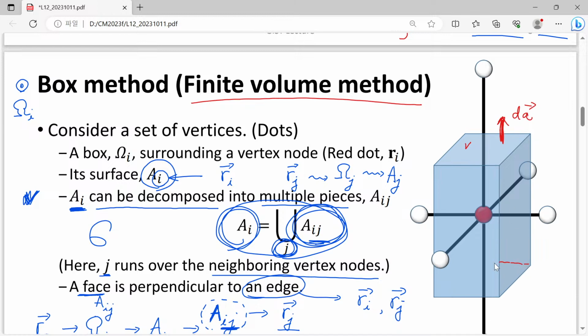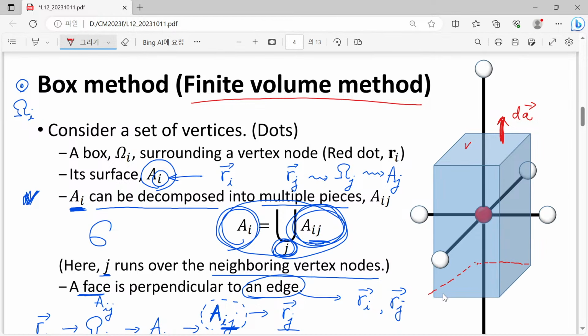How about this bottom surface? Then its dA should be heading this way. If you cannot understand this one, please let me know. And how about this right side? If we are considering this right side, then we have dA this way. If we are considering the left side, of course, there should be dA. Are you all with me?